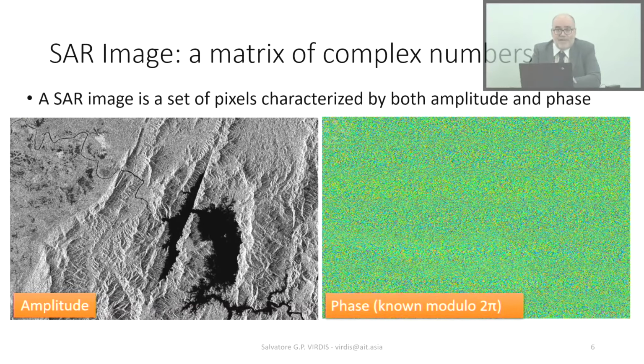The phase image alone is of very little, if not no, practical usage. So we cannot use a single phase image in a SAR system. So what is the magic of SAR interferometry? The magic of SAR interferometry is to try to compare two or more SAR images and try to see and highlight possible phase variations.